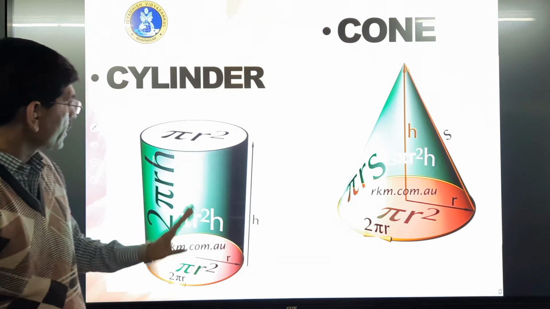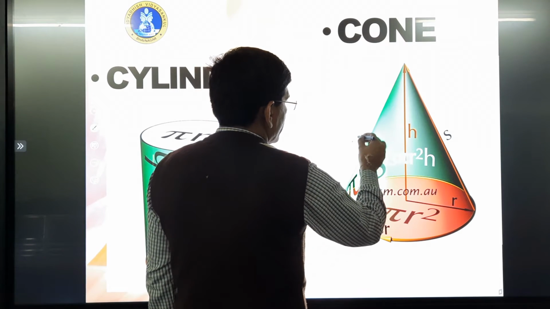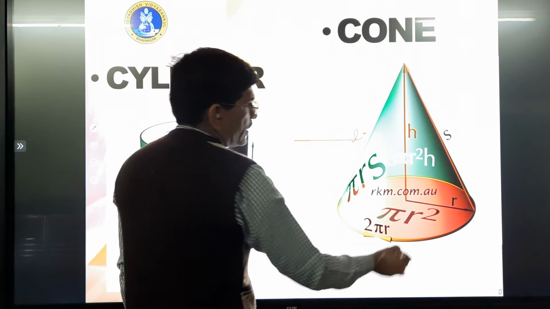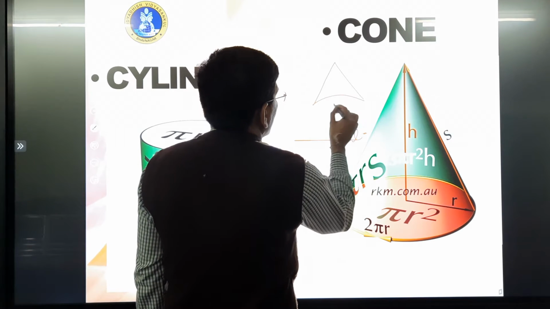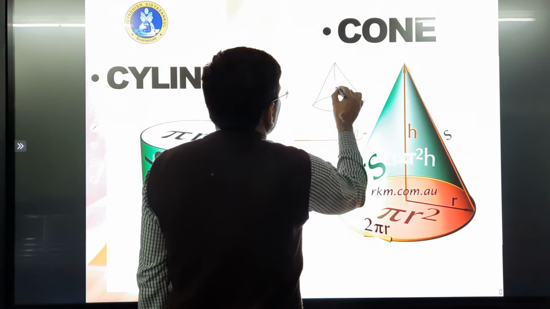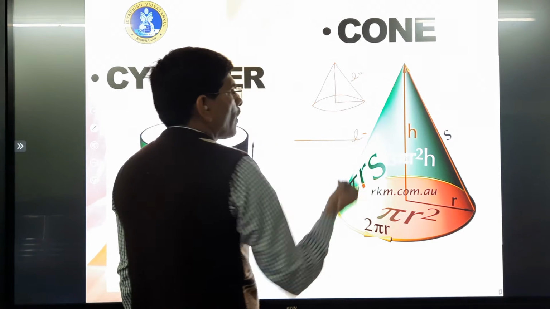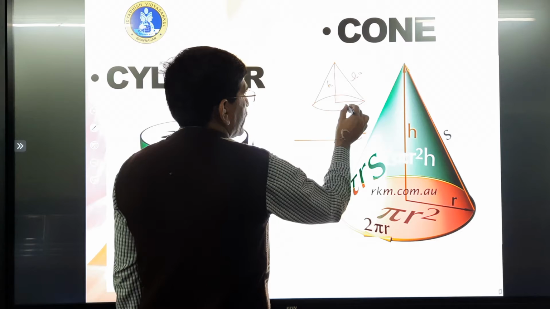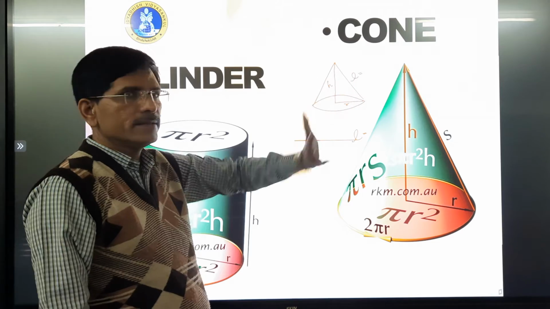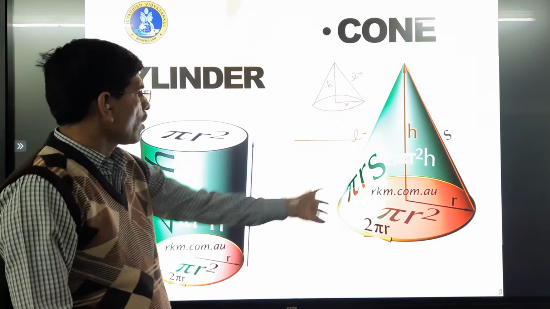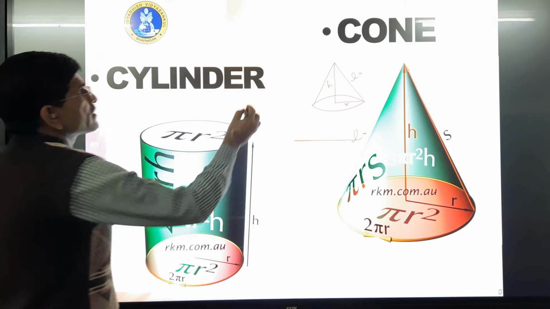One is a cone and another is a cylinder. In a cone, if you see properly, here it is L. If you draw the cone here, simple, here it is L, here it is H, and here it is R. So H, R and L are there with the cone. Height is there and the base is a circle.